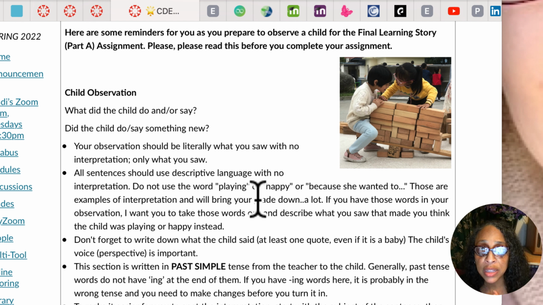And so it's got the teacher's viewpoint. It's got the child's viewpoint, because you're describing what they're doing and you're quoting what they say. And then it's got the family's viewpoint, because at the end of this, there's a place for the parents to respond to what they read in the story. And so this is a great tool for equity and inclusion.